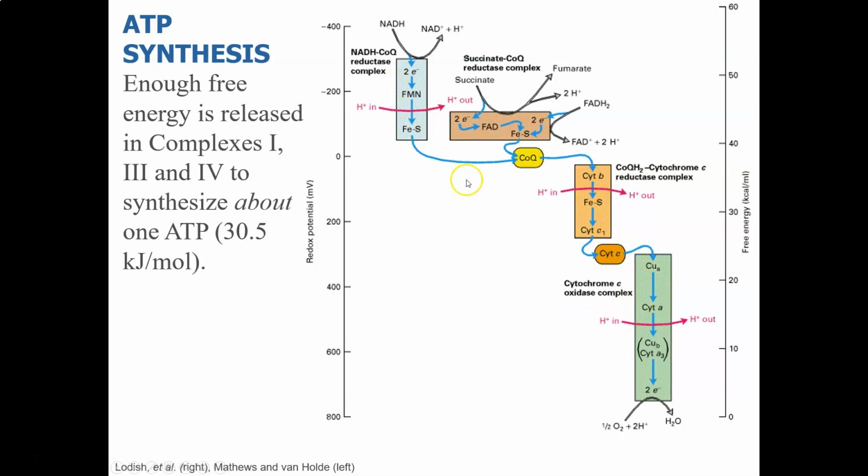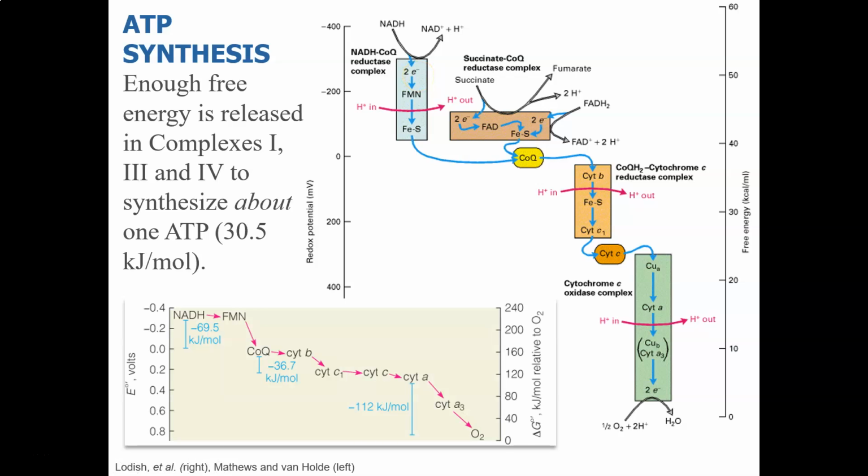So the electrons are passed through these complexes, and the complexes are arranged in terms of increasing electron affinity to finally get to oxygen, which has the greatest electron affinity. And if we look at these redox potentials right here, and if we use the equation that I just showed you earlier to calculate the delta G, we find that between complex 1, complex 3, and complex 4, there are these free energy changes that occur.